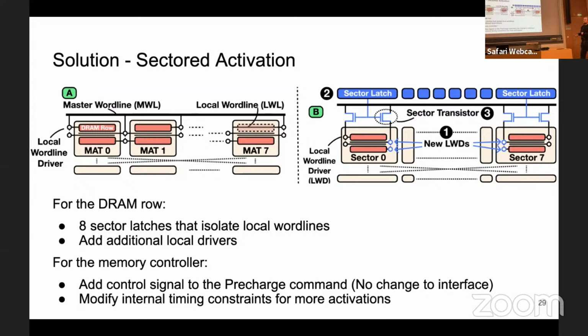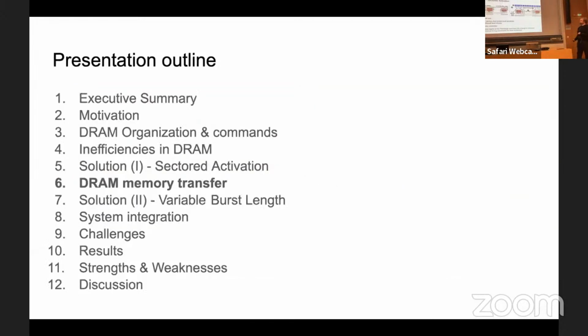And we also are able to modify internal timing constraints, which allow for more activations. Specifically, how that works is a bit more complicated. But basically, when we send a less intense activation command that only activates 1 sector instead of all 8, then we're allowed to do more activations in less time again. But there's a whole bunch of different timing constraints, so we won't go into more detail than that.